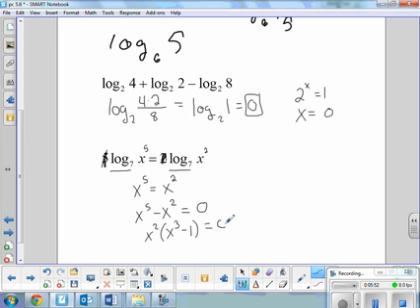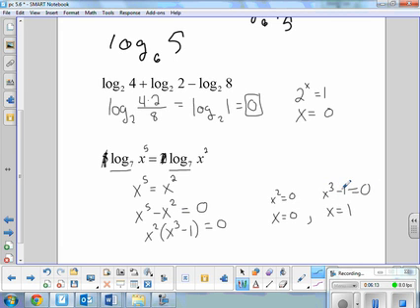Take each of those factors, set it equal to 0, and you're going to get x equals 0 and x equals 1.